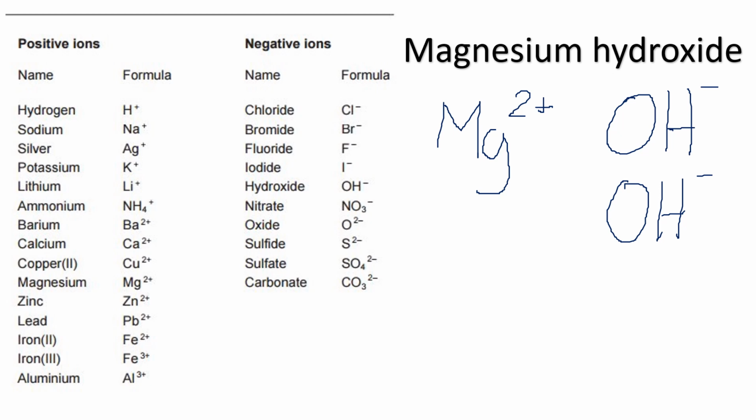So we have to make sure we put it in brackets so that we're multiplying both the oxygen and the hydrogen. Let's see what happens if we don't use brackets. You would write out MgOH2, and what that would mean is that we've got one magnesium, one oxygen, and two hydrogens, but we want to have two oxygens as well. So we put the oxygen and the hydrogen inside the bracket, and that means both of them are being timesed by 2.